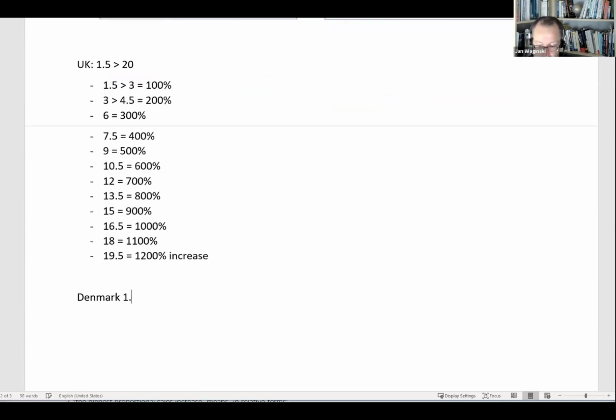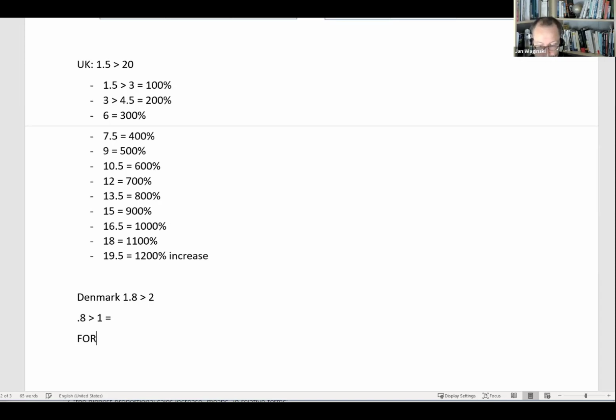This is where we have to be careful because this looks like something that it's not. If you had 0.8 to 1, what would be the increase? 0.2. It is not 20% growth.